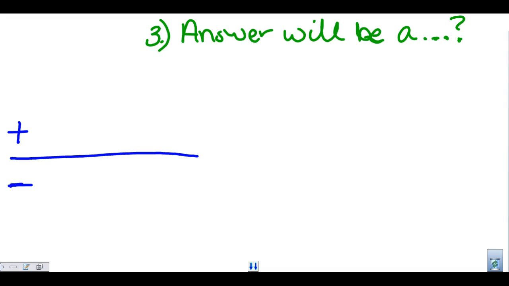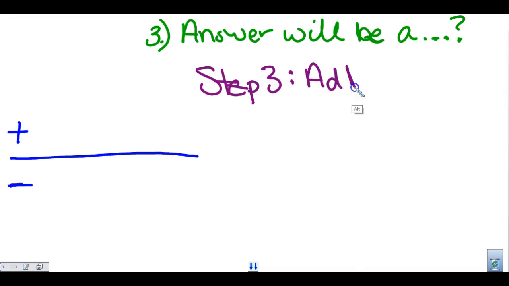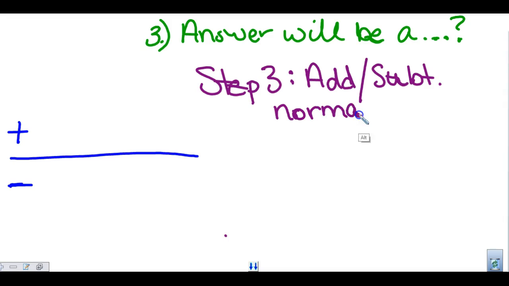The third step in this process is to add and subtract like you would a normal fraction or mixed number. So we've already dealt with the signs and the negatives.